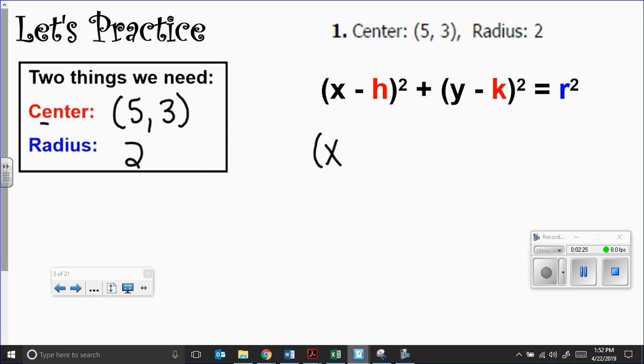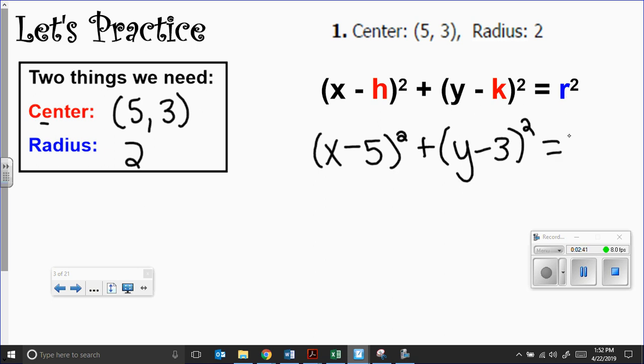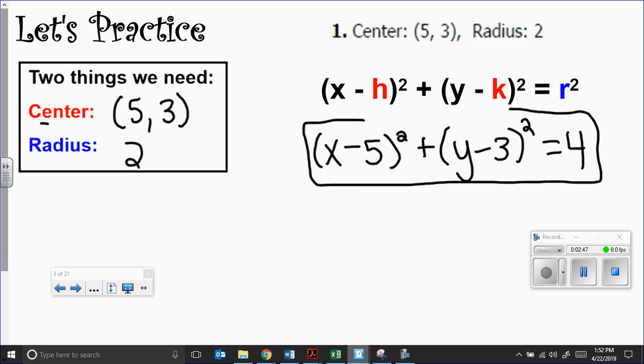It's (x − 5)² + (y − 3)² = 2², which is 4. And so here would be the equation of the circle with the center at (5, 3) and a radius of 2.